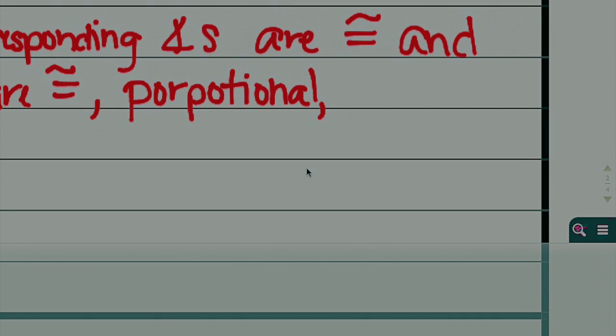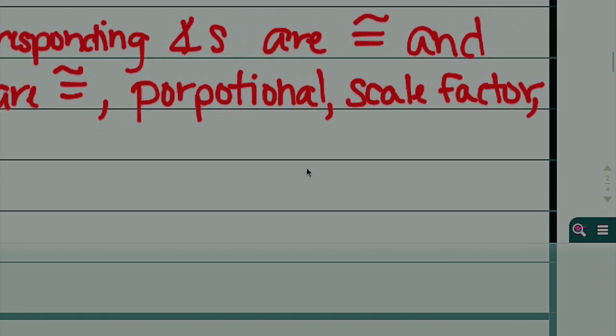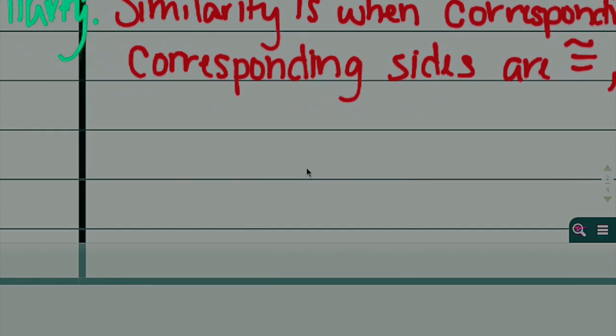Another way that they can be similar is through the scale factor or K factor that we just defined. And then one other thing that we have to think about is ratio. So they can also be similar through ratios of the sides.